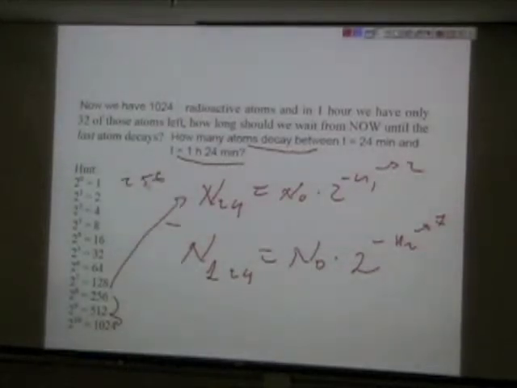If you wait for 7, so 1, 2, 3, 4, 5, 6, 7, that's supposed to be 8. So in 2 half-lives, you have 256 atoms left. In 7 half-lives, you have 8 atoms left. So how many decays between this and this? 256 minus 8. Yes.